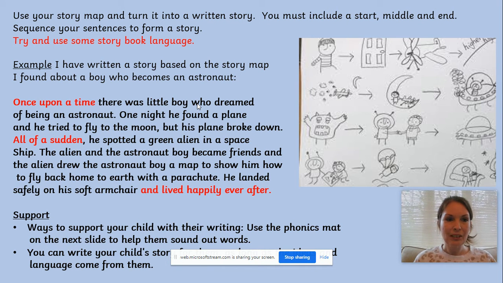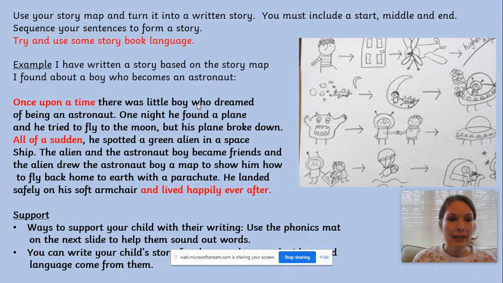Now, I want you to use your story map from yesterday, your plan, and turn it into a written story. Now, this must include a start, a beginning, a middle, and an ending. And you must sequence your sentences to form a story that makes sense.